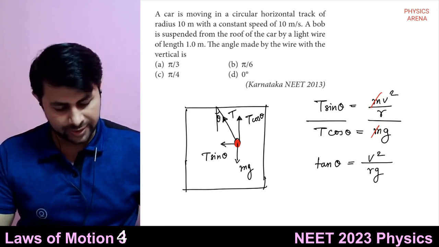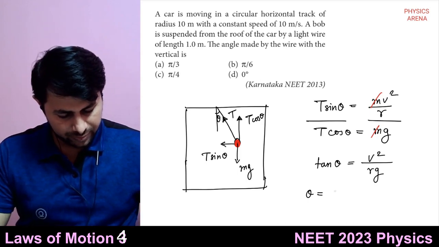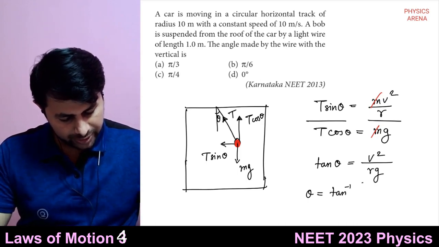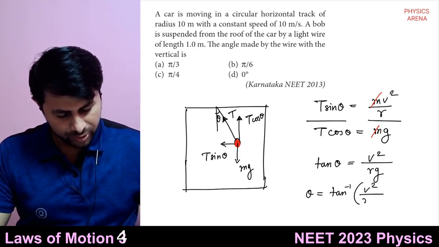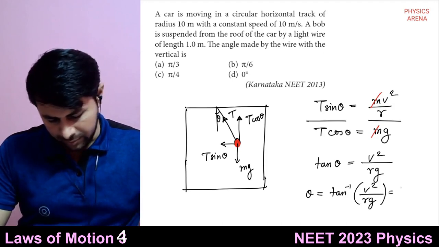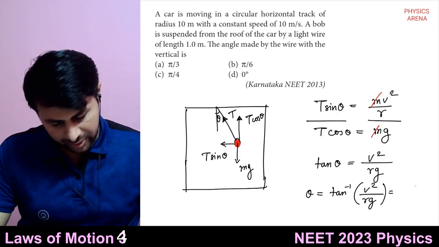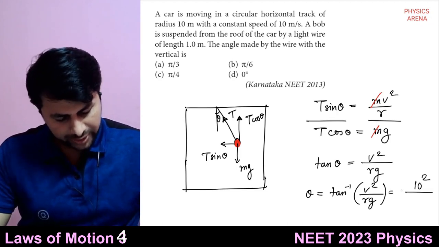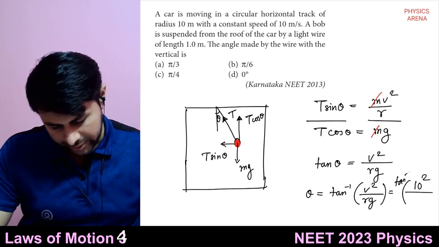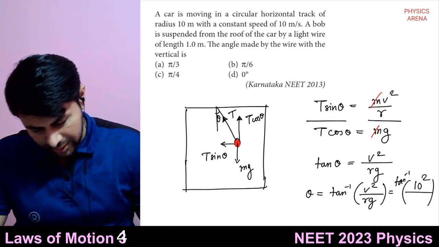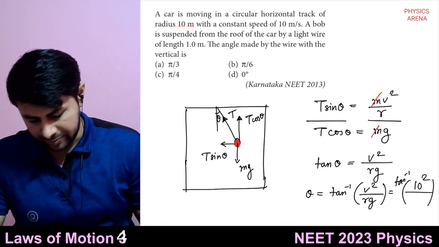So theta is tan inverse of v square upon r g. Put the values. What is v? 10 meters per second, 10 square. R is 10, g is 10.